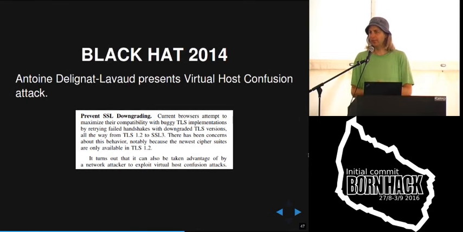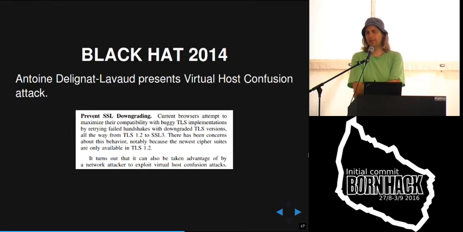Then in 2014, Antoine Delignat-Lavaud presented an attack called the virtual host confusion attack. This attack exploited this browser behavior, because it needed a connection with SSL version 3, which also gets back to the bug I reported earlier.